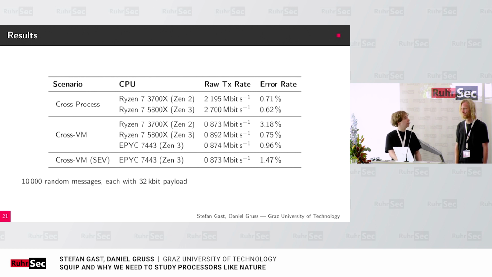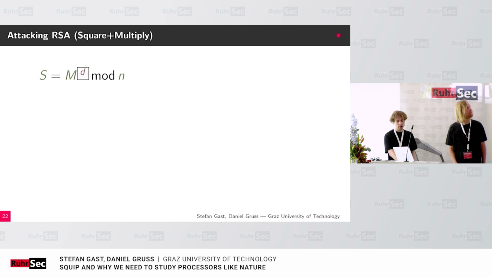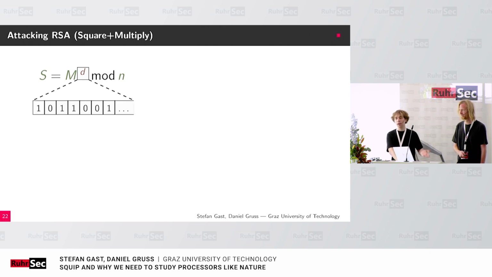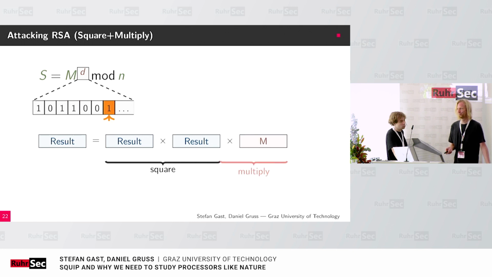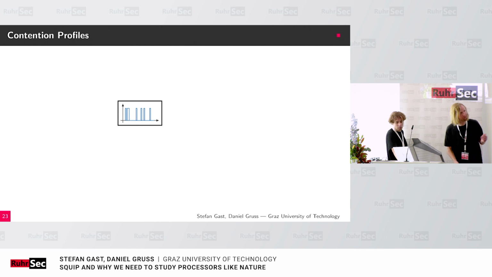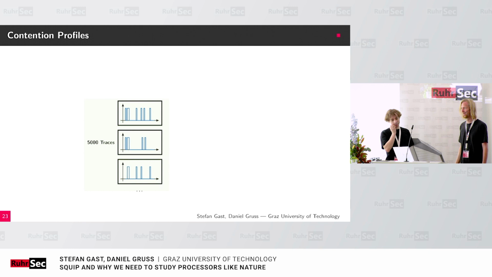Another part that we looked at was a side channel attack, and there we just did the standard square-and-multiply attack that you might be familiar with. What we exploited there was basically that for a 0 in the secret key we have to perform fewer multiplications than for a 1. We recorded the signal over time again. We repeated that multiple times.